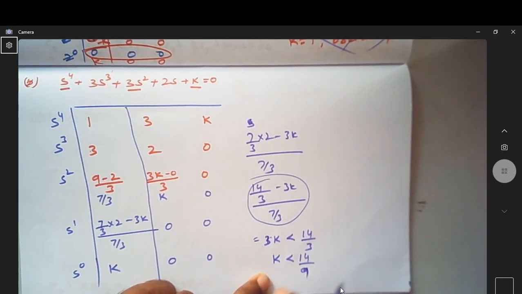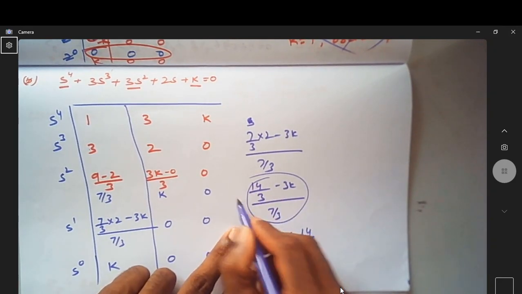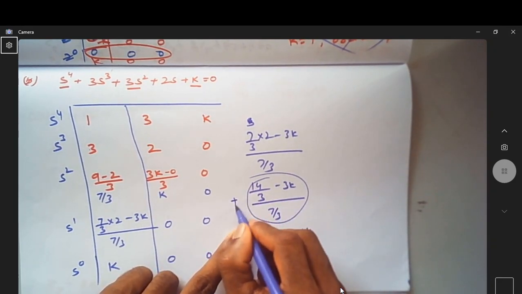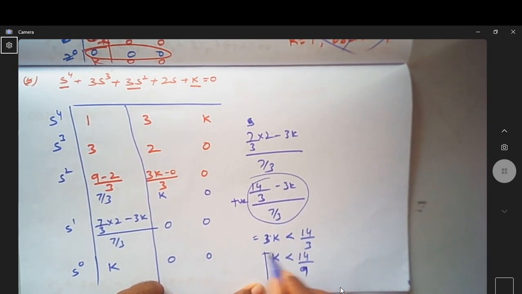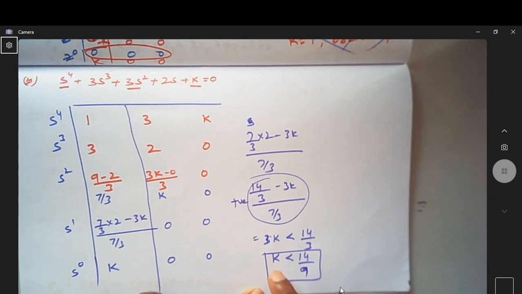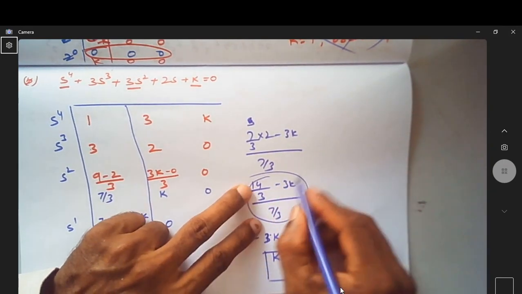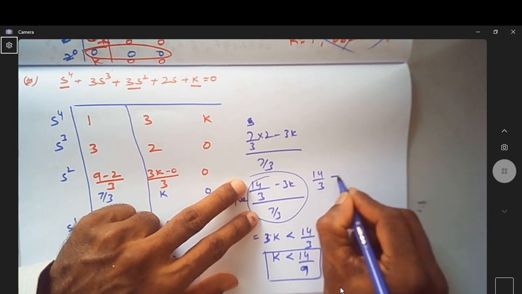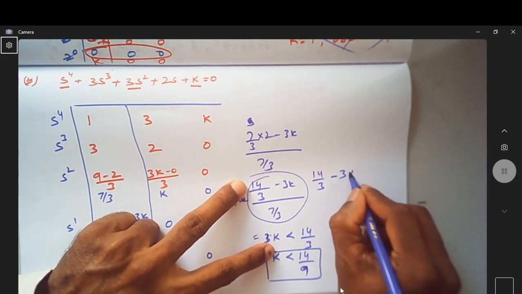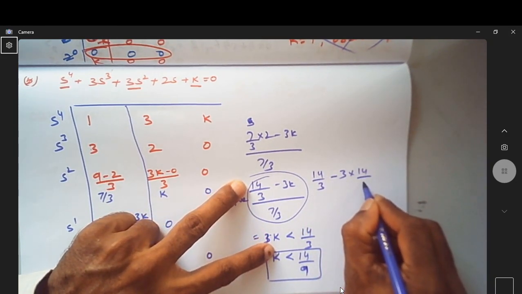If the value of k is less than 14 by 9, do we have this as a positive value? So for this to be positive, k has to be less than this. If the value of k is equal to 14 by 9, just make sure that this k becomes 14 by 3 minus 3 into 14 by 9.